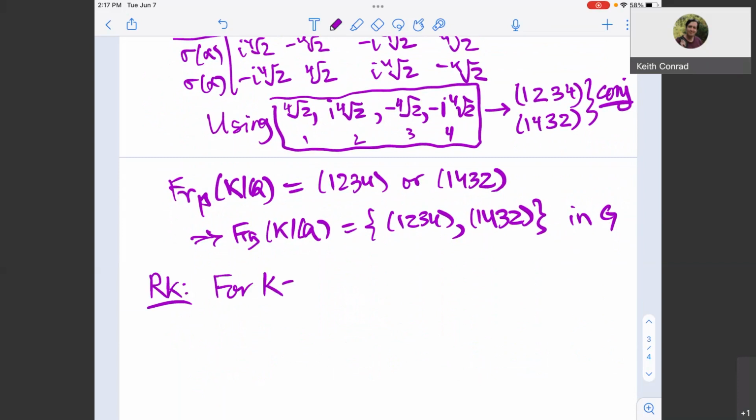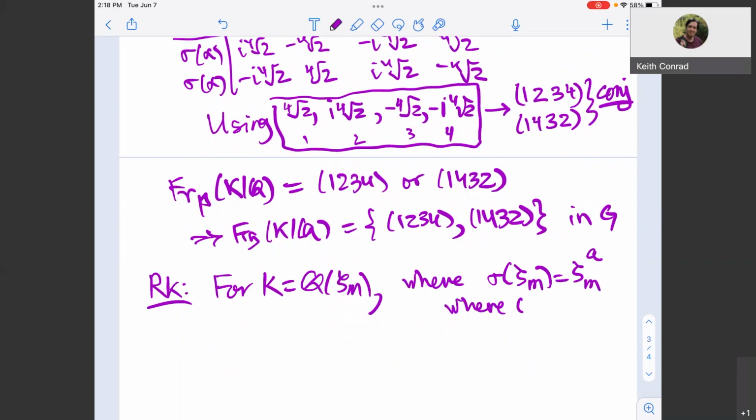for the cyclotomic fields, elements in the Galois group always send primitive mth roots of unity to powers of primitive mth roots of unity, where the exponent is relatively prime to m because it has to still have order m.